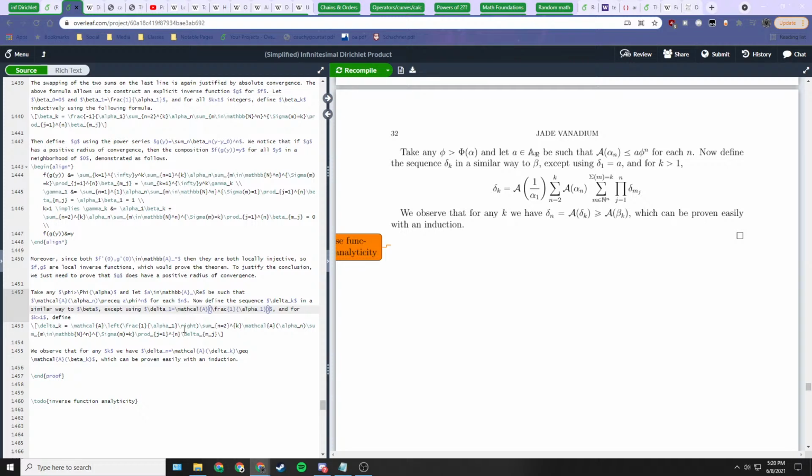Delta 1 is, okay, I'll also use that. But instead of here, we'll use A times phi to the power n.